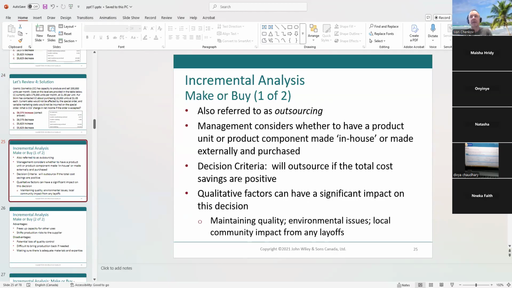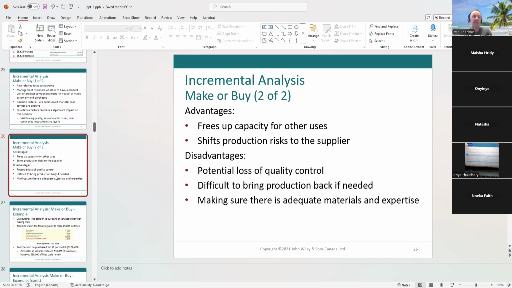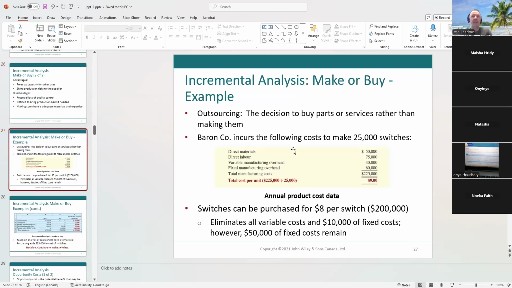Basically, if we buy it and we save money, yes, buy it. If we're not saving money, if we end up spending more, we're not buying. Make sure you understand the advantages or disadvantages of buying or making internally, because I'm going to ask you for those on the final quiz.